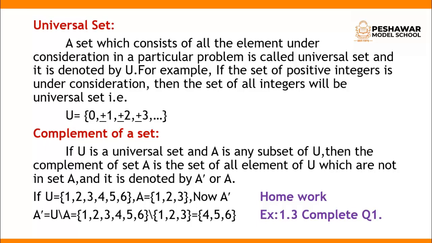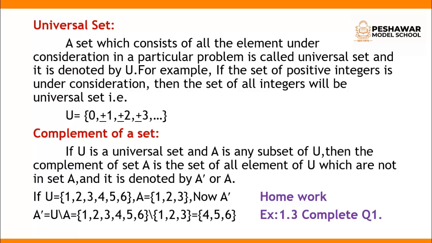We put the difference symbol and now we apply the elements of set A: 1, 2, 3. So how many elements should be deducted which are common? 1 is cancelled, 2 is cancelled, 3 is cancelled. So how many elements are left in the universal set? That are 4, 5 and 6.